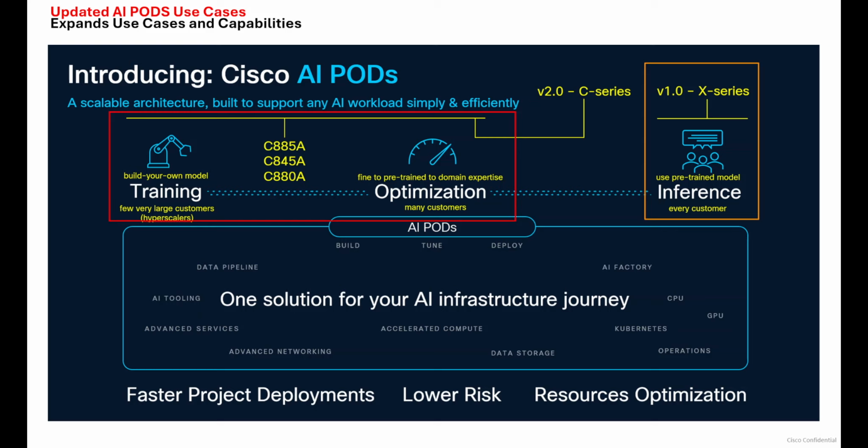Shown here on the slide, those typically require a moderate amount of GPU resources, all the way to inferencing on the right, which can require anywhere from low GPU resource for simple AI use cases like text summarization and translation that I mentioned earlier, to high GPU resources for AI applications that have high concurrent users, requests per second, or both. And as the slide says, this provides one solution, one architecture for your AI journey. You basically size the solution to address the customer use case by leveraging any of these pre-validated components.